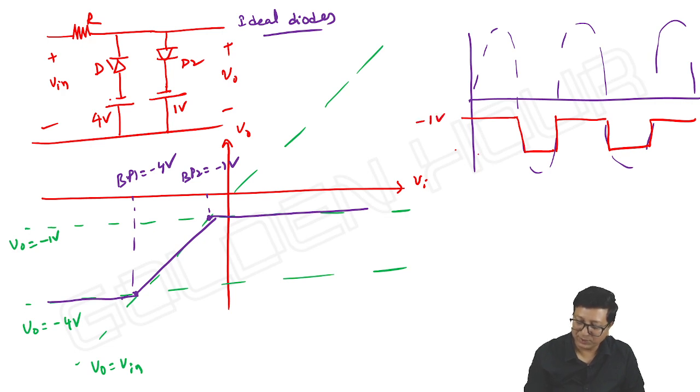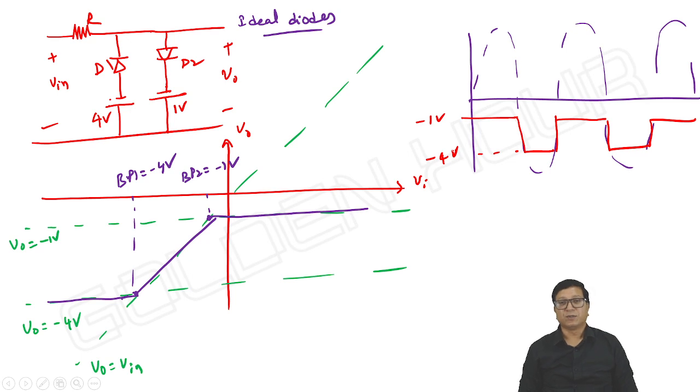Output maximum is minus 1 volt, output minimum is minus 4 volts. So a particular portion of the input is passed through this network, and the output has a maximum of minus 1 volt and a minimum of minus 4 volts. That's right. This is how we can analyze the circuits.